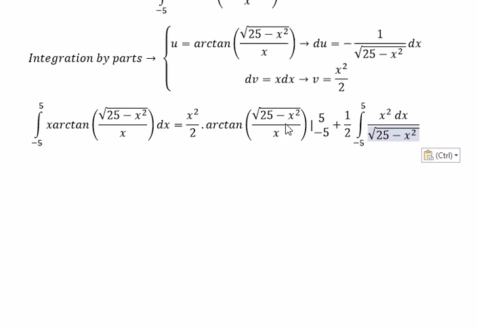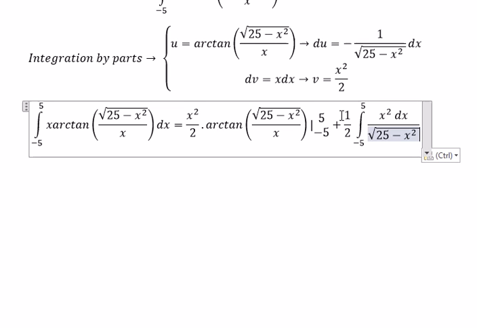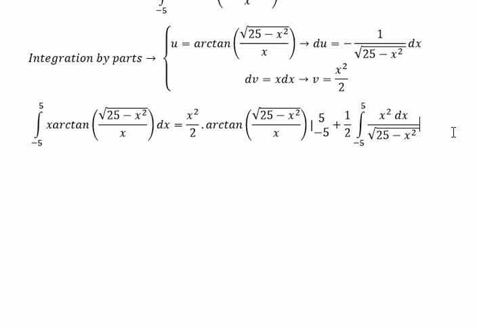We put the number 5 and negative 5 in here. You get 0, so this one goes to 0. We don't need to calculate this one, so we just concentrate on this one.